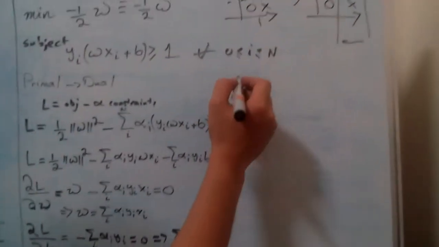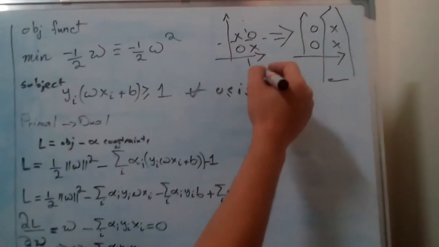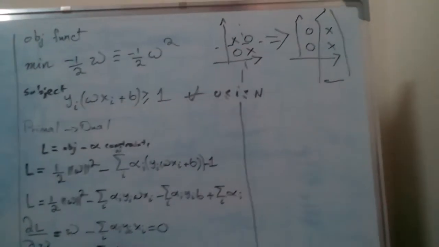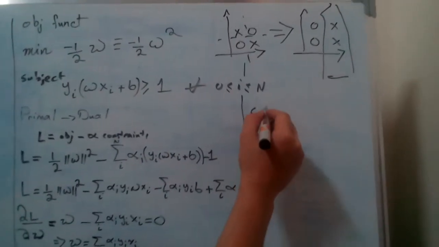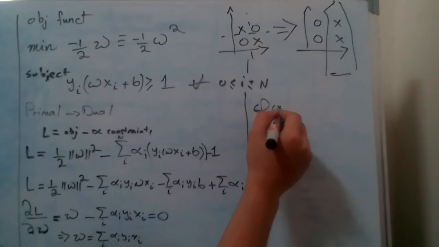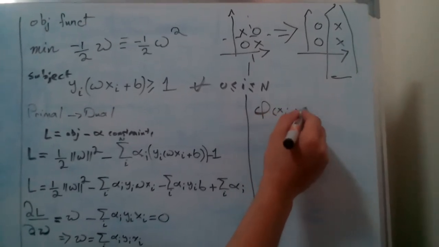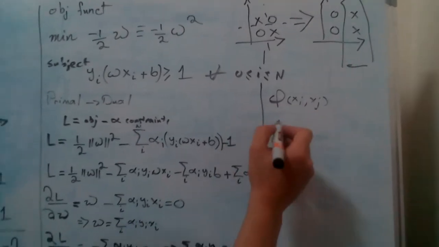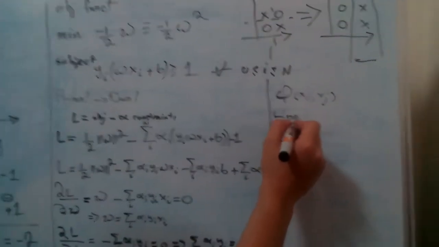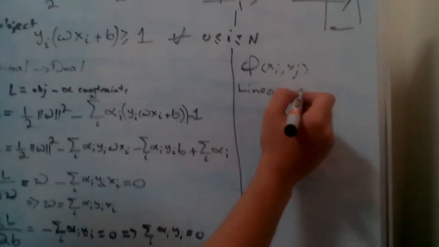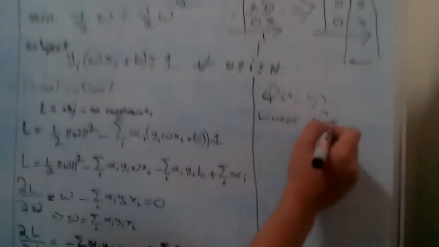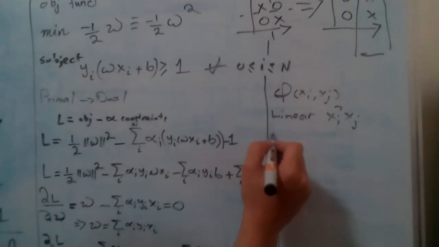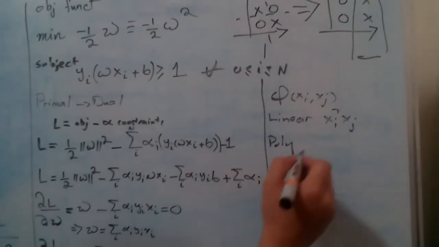So our transformation, for example, be the transformation of xi, xj of two vectors. If we are talking about the linear transformation, that is what we have been doing, xi transpose xj. How about a polynomial transformation?